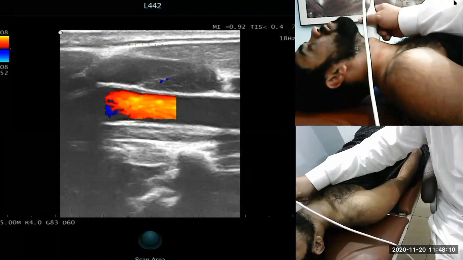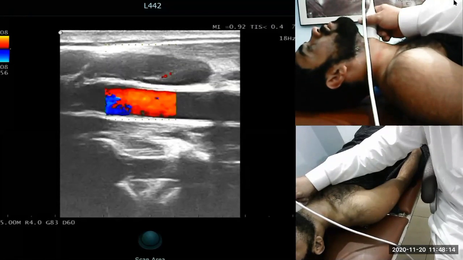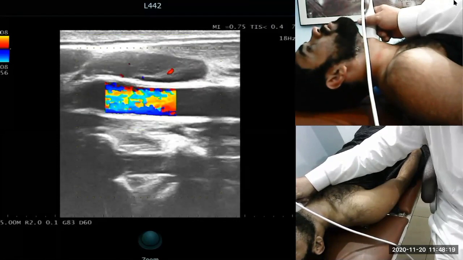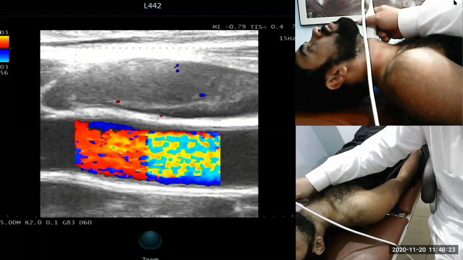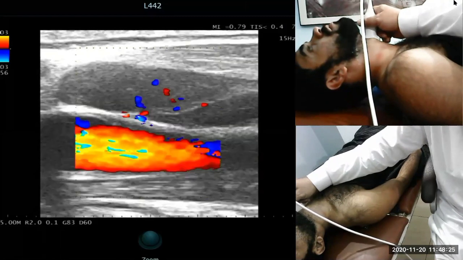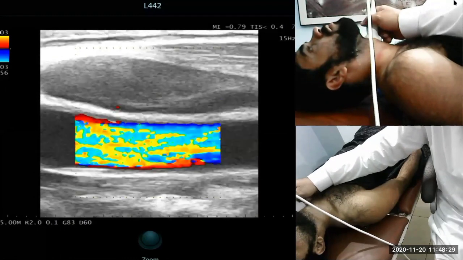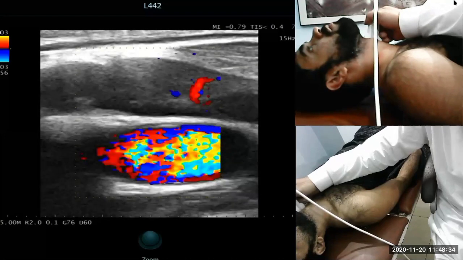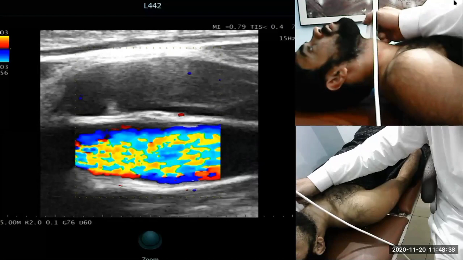Above the carotid, you can appreciate the flow inside. There you see. Okay.